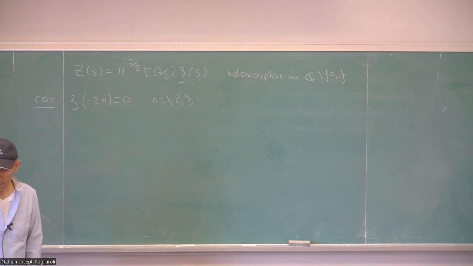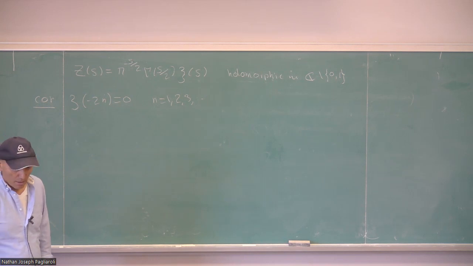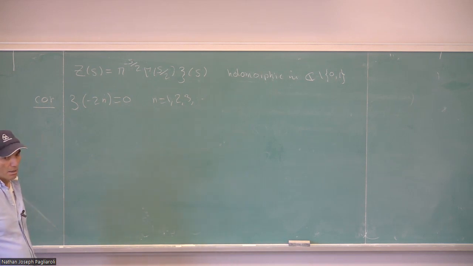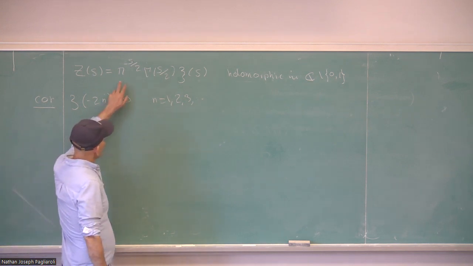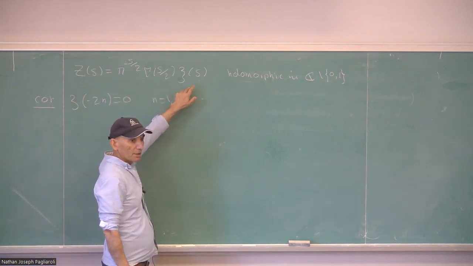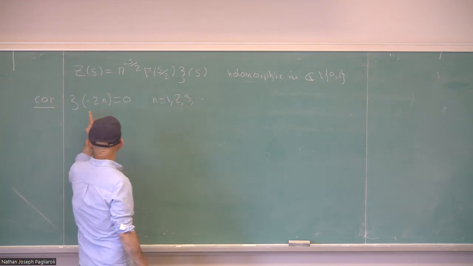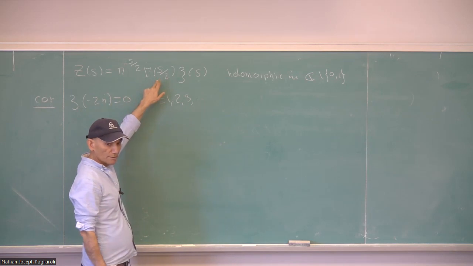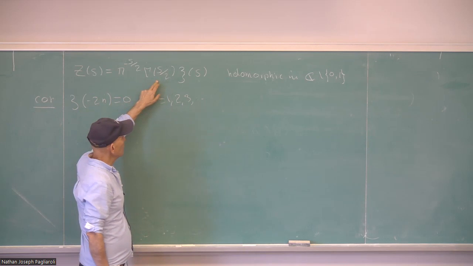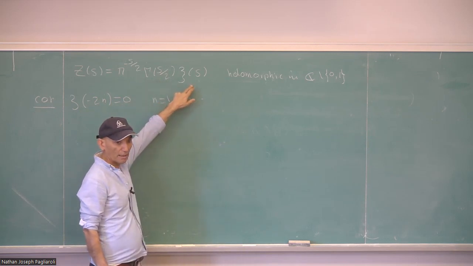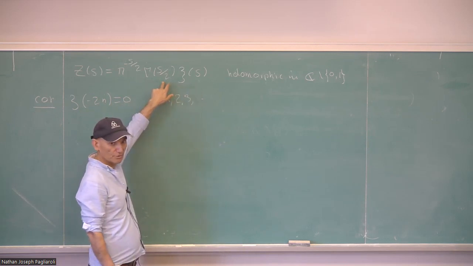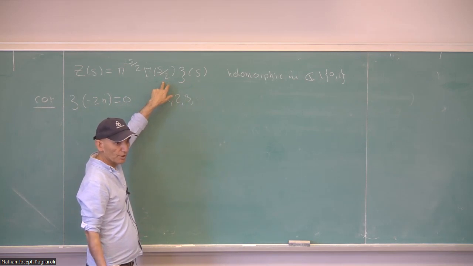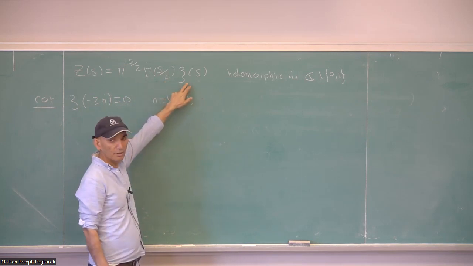Why is that? Because the whole thing is analytic at these points, at negative 2n, and gamma has a simple pole at negative integers. So zeta has zeros there, because s over 2 has to be an integer, so s has to be even.